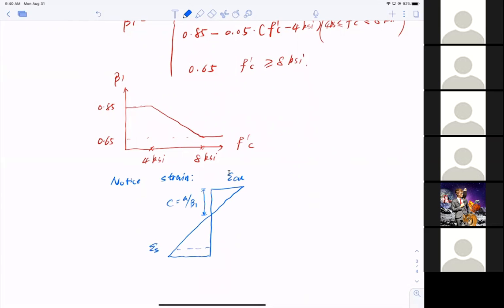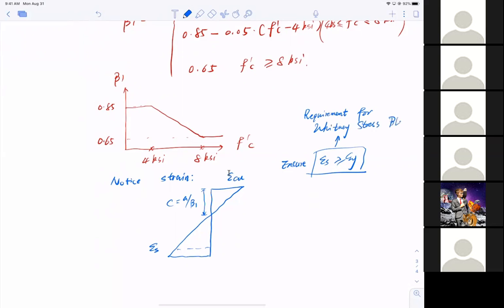Remember, we always say that epsilon s has to be greater than epsilon y, the yield strain. Why is that? Because this is a prerequisite for the Whitney stress block. If you want to use the Whitney stress block, the steel has to yield.